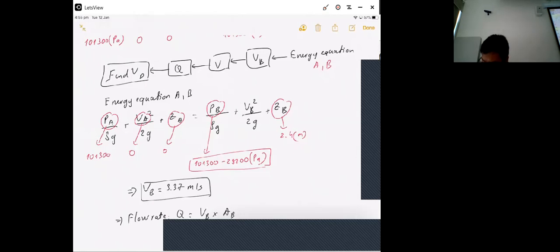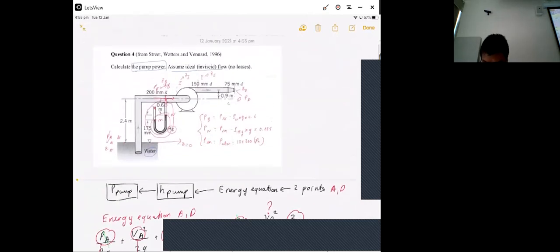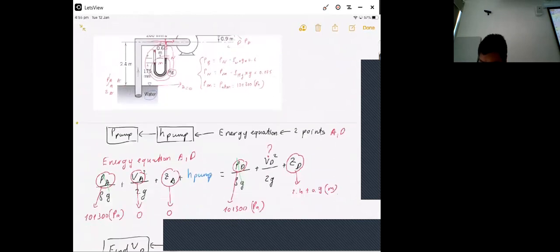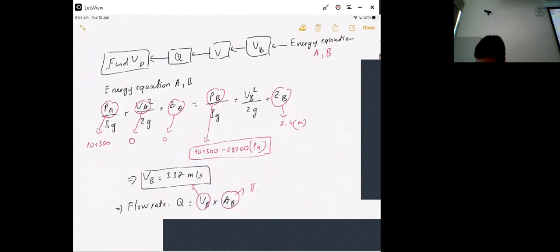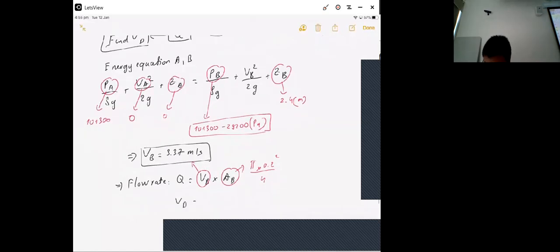VB, yeah, this one, and AB is pi times the diameter, which is 200 millimeter, 0.2 squared over 4. So we have the flow rate. And when we have the flow rate, you can find VD equal to Q divided by AD.